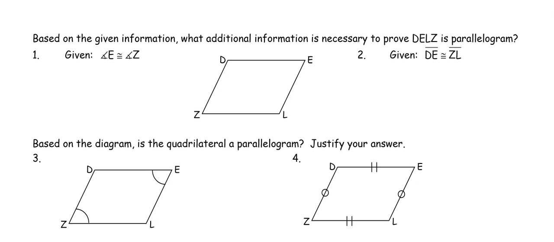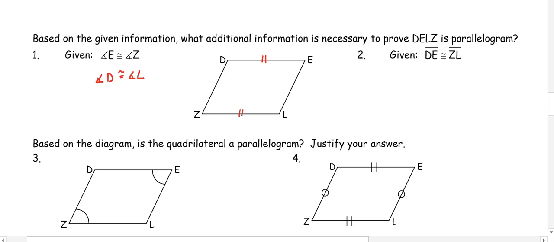Based on the information, what else is needed to prove DELZ is a parallelogram? So right now we know that angle E is congruent to angle Z. So that is one set of opposite angles congruent. We need a second set of opposite angles congruent. So we would say angle D needs to be congruent to angle L. In number 2, we are given that DE is congruent to ZL.